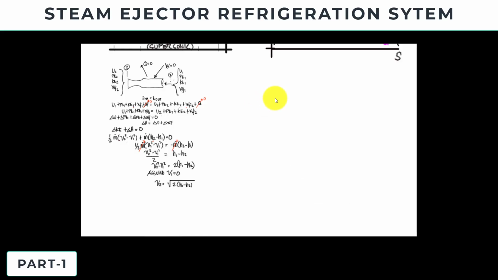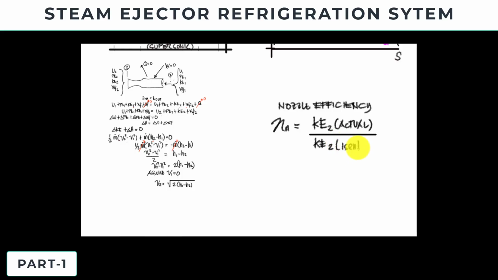If there is a nozzle efficiency, the equation of the nozzle efficiency is given by the change in kinetic energy, or let's say the kinetic energy at point 2 for the actual process, divided by the kinetic energy at 2 for the isentropic process.